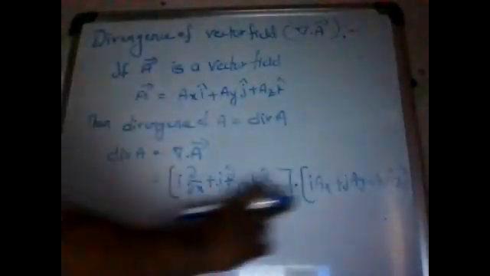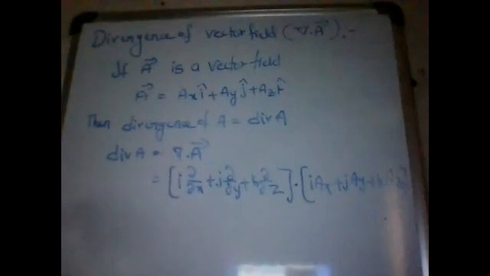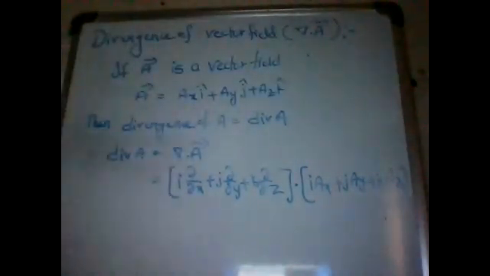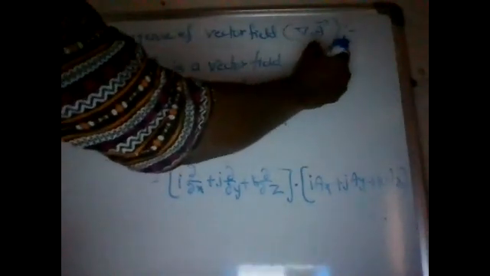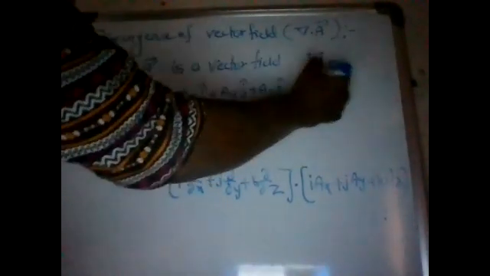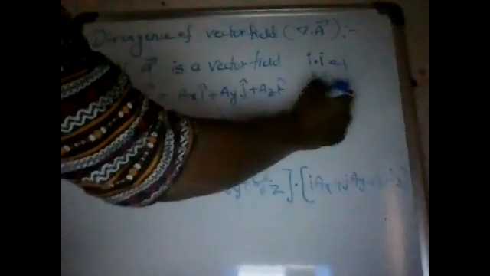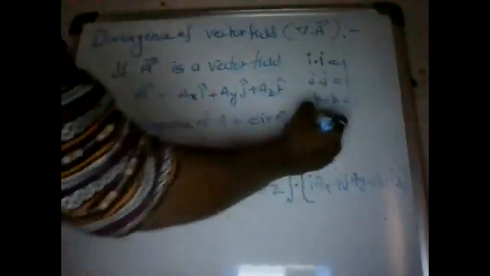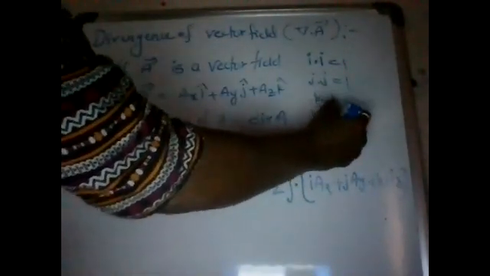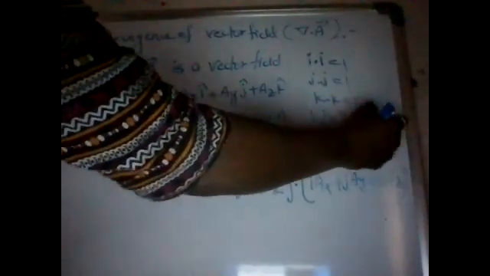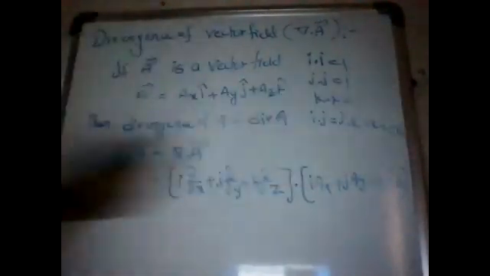Here we have three components. So already we have some rules: i dot i equal to 1, j dot j equal to 1 and k dot k equal to 1, and i dot j equal to j dot k equal to k dot i equal to 0.